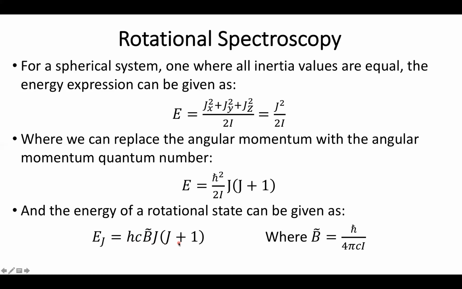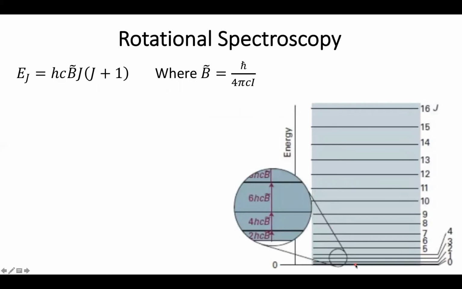And so what this ends up effectively looking like in terms of energy spacing is, at very small J values, our energies are going to be very tightly packed. And as our J values start increasing, I go to higher and higher rotational states, and my energies will start spreading out quite a lot.